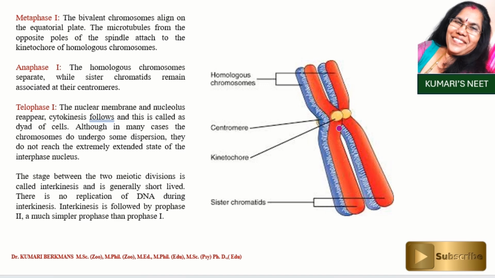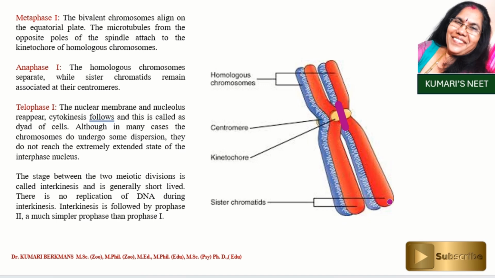So this is called a homologous chromosome, and the center is called the centromere, and inside the centromere we can find the kinetochore. Here only the separation takes place during cell division, when the spindle fibers attract towards the opposite pole.